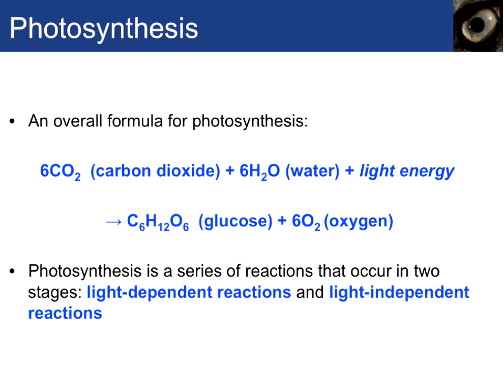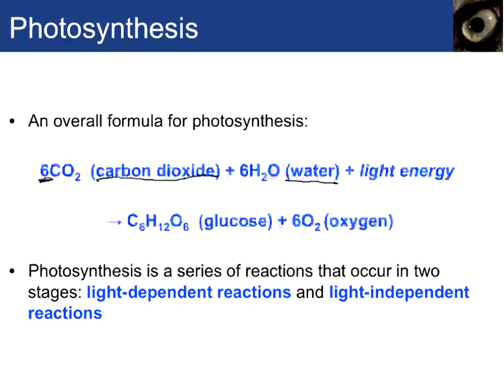So the overall formula for photosynthesis looks very complicated, but it's actually really not: carbon dioxide plus water and light energy forms glucose and oxygen. You don't need to remember the numbers here, just remember the words.